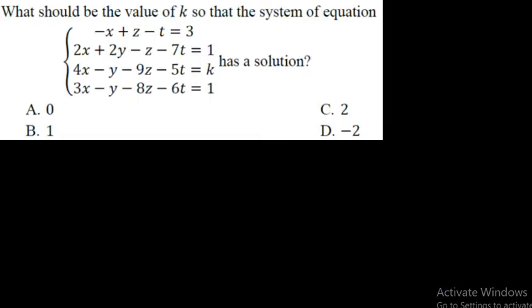Next question. The next question is a system of linear equations with 4 variables. It says, what should be the value of k so that the system of equations has a solution?